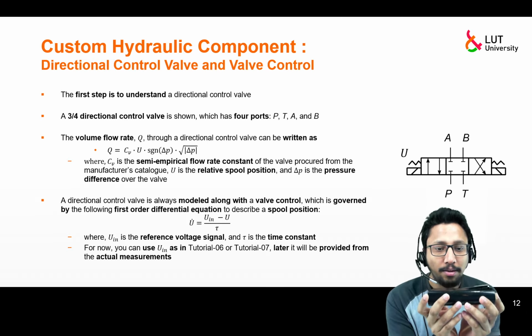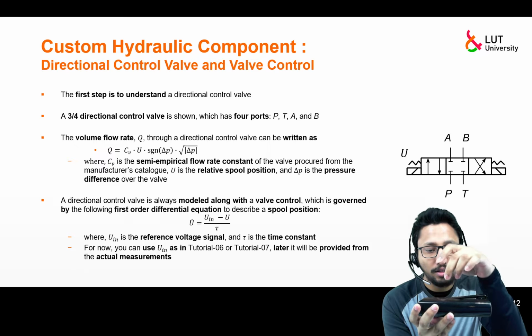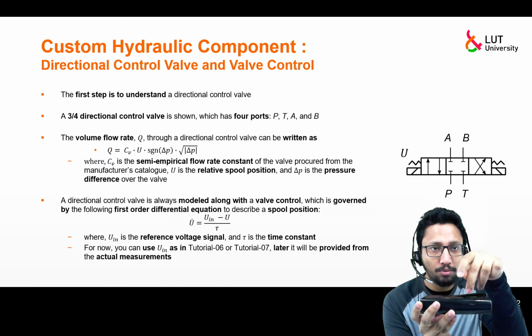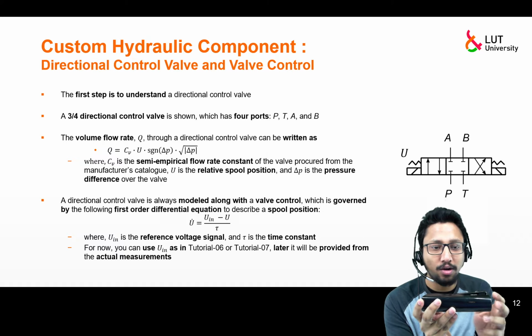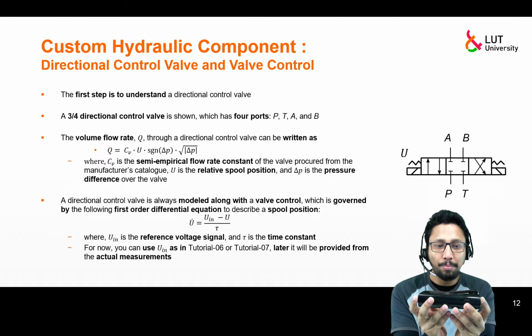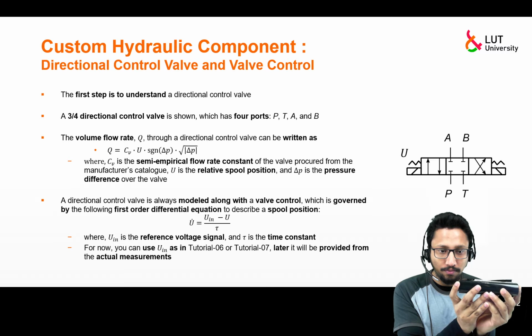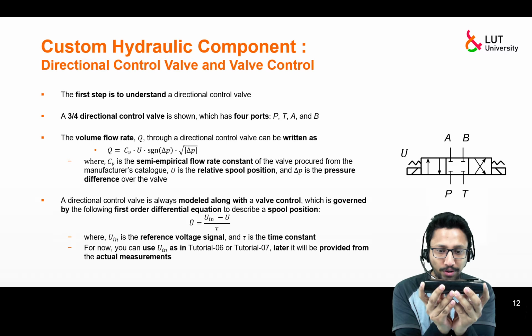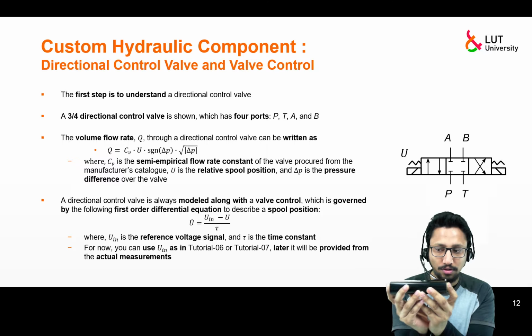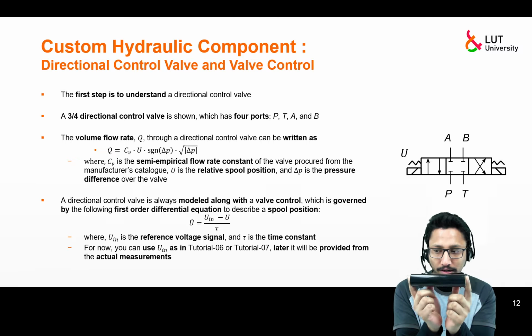Make sure that these ports are always at the same location. So A, B, P and T are always at the same location, but this directional control valve moves like U greater than 0, or U equal to 0, or U less than 0. Okay, so this is how the movement is done.